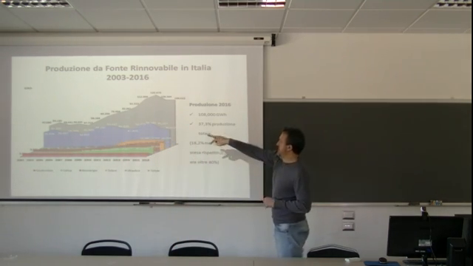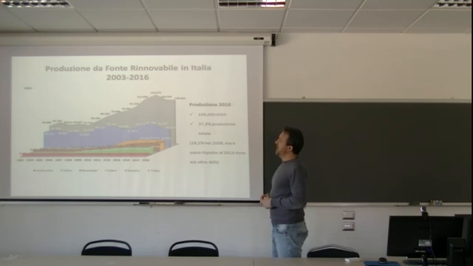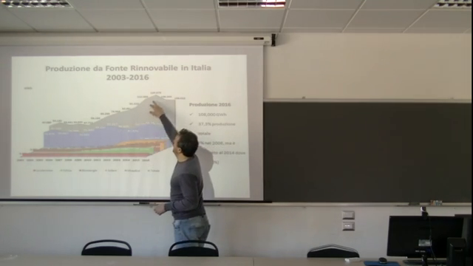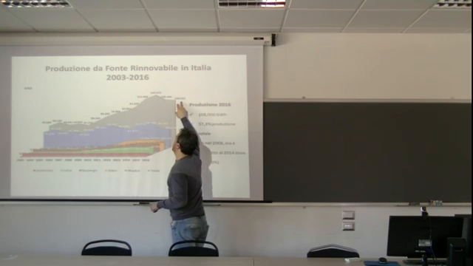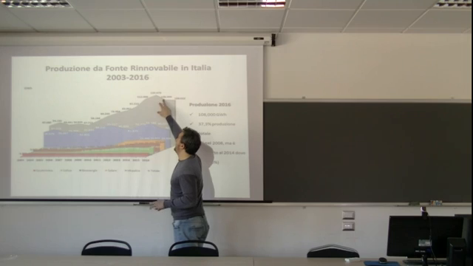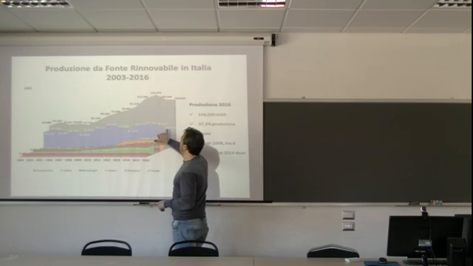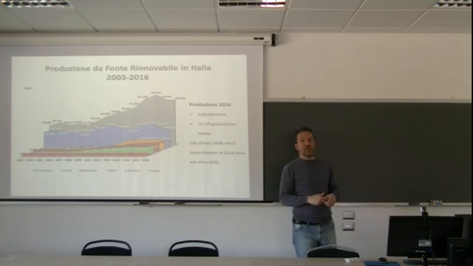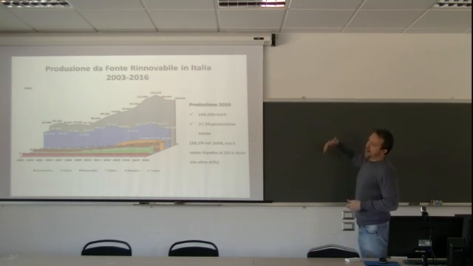And this is the situation of energy production. And also here there is a decrease that depends mainly on the rain, not on a decrease of renewable energy production. So the trend is increasing.